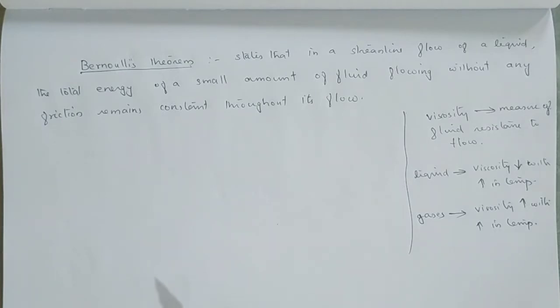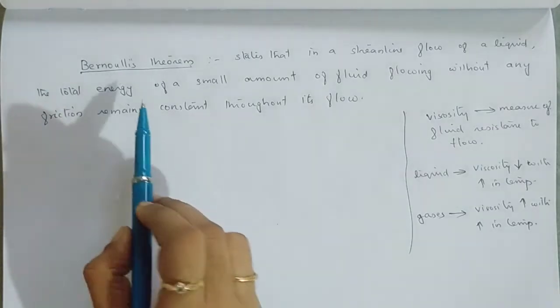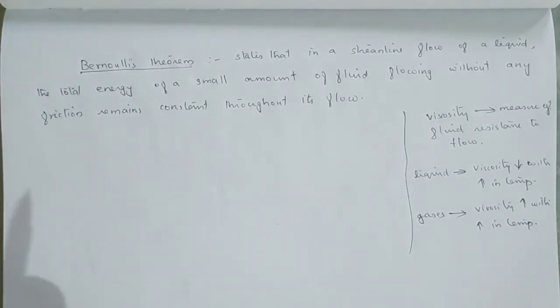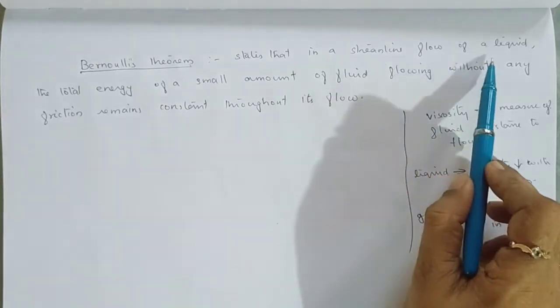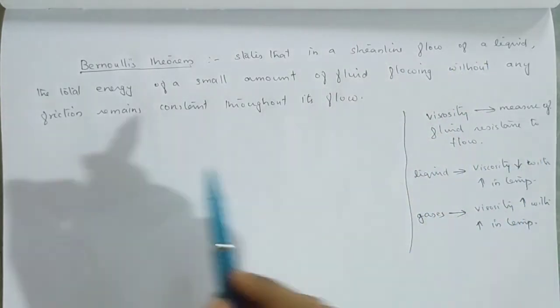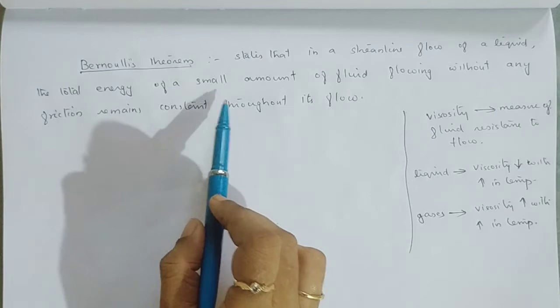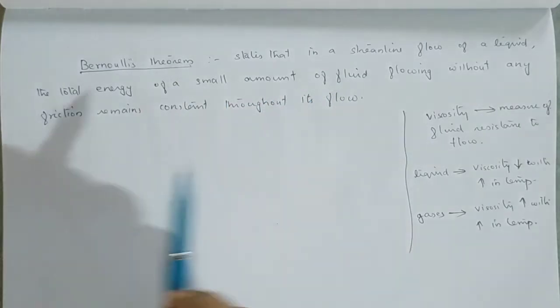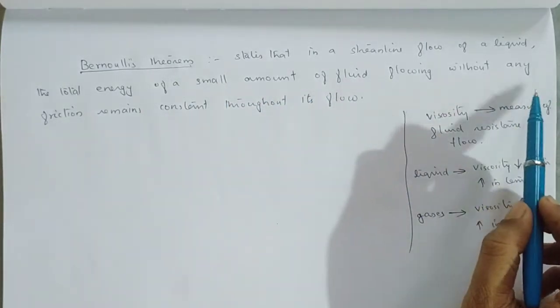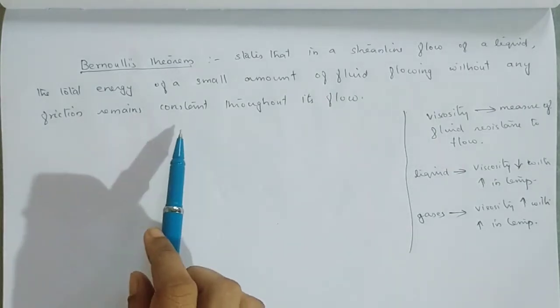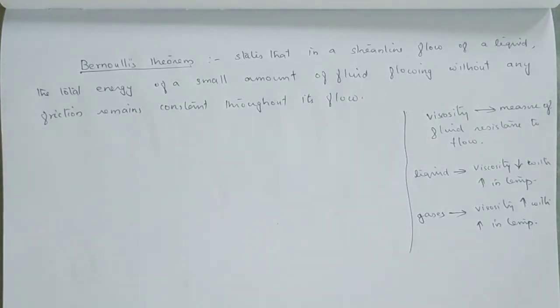Okay, and now we go to Bernoulli's theorem. Bernoulli's theorem states that in a streamlined flow of liquid, the total energy of a small amount of fluid flowing without any friction remains constant throughout the flow.